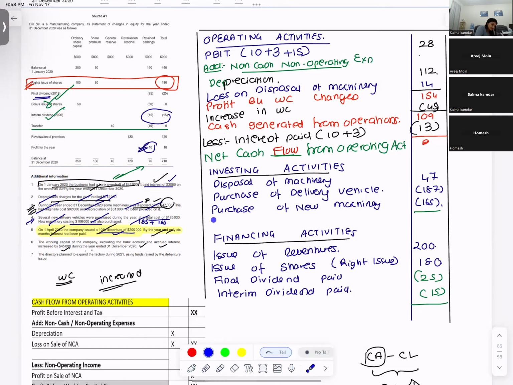Net cash used in investing activity. How much? Negative 305. 47 minus 187 minus 165, that's negative 305.